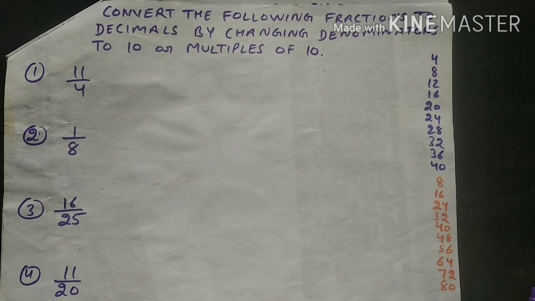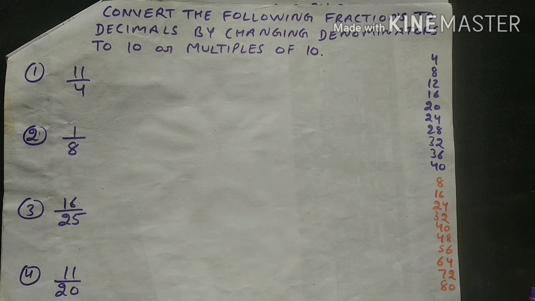Dear student, here in this footage we have to convert the given fraction to a decimal. Here you can see that we have to divide 11 by 4, but we are not going to perform the actual division.